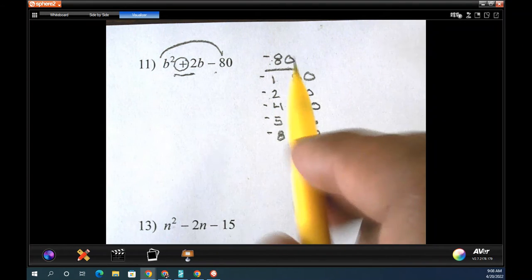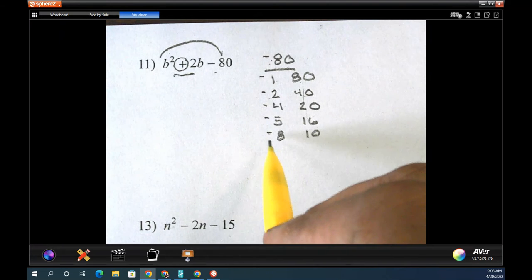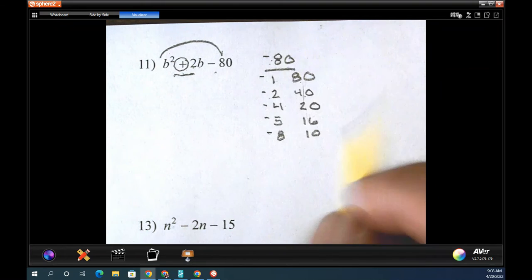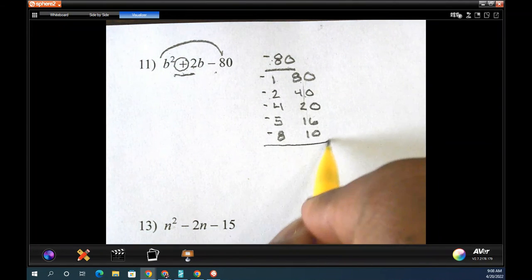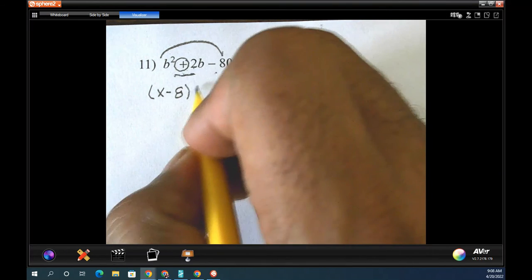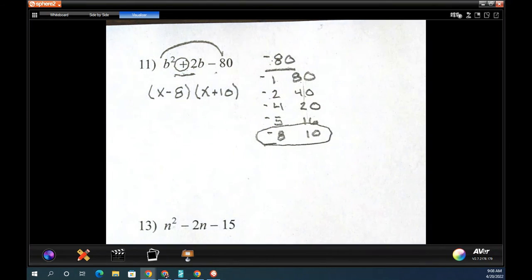And you can take your calculator and add all of these together. You're trying to find the two factors that add up to positive 2. It's negative 8 and 10. So your answer would be x minus 8 times x plus 10. There's your answer right there.